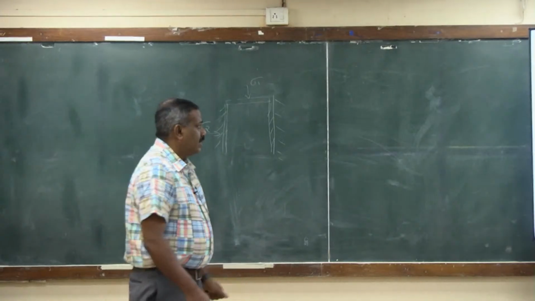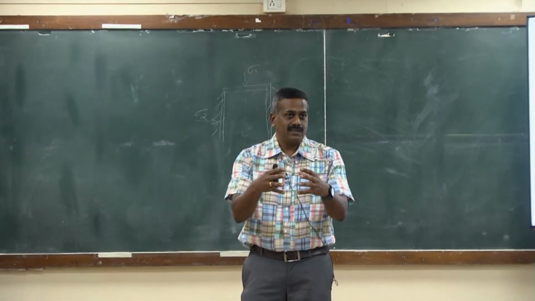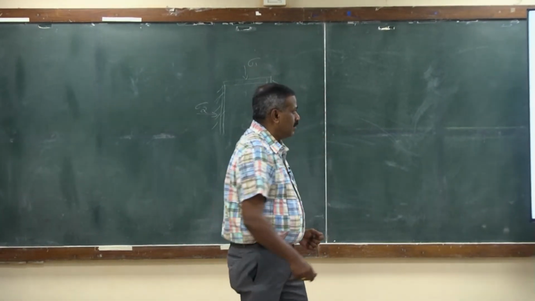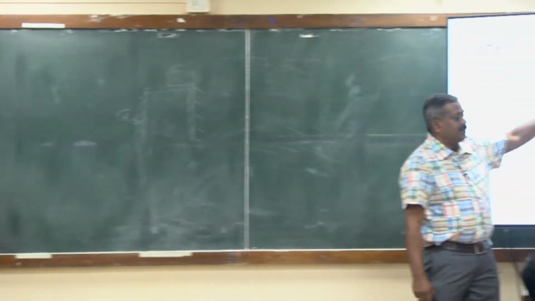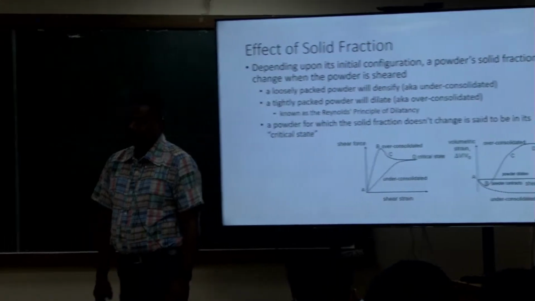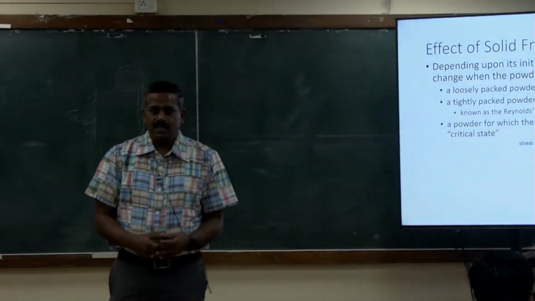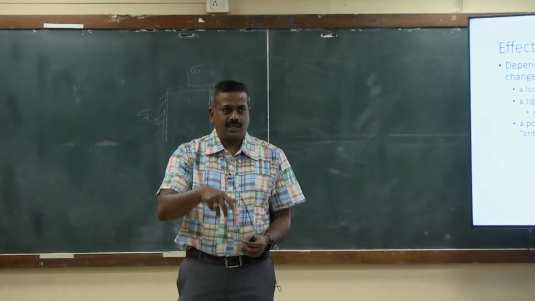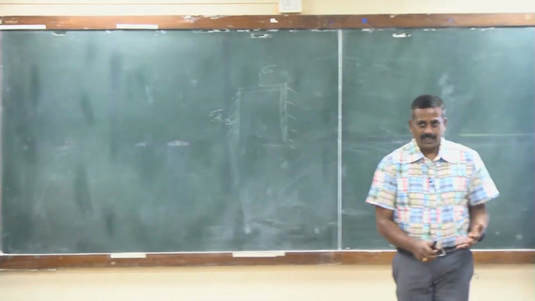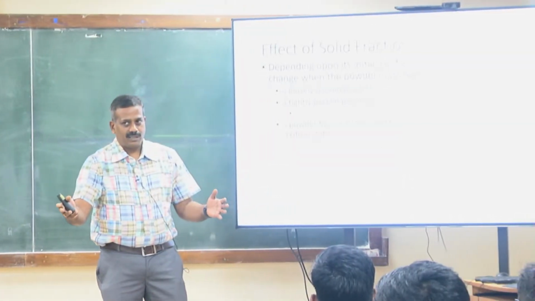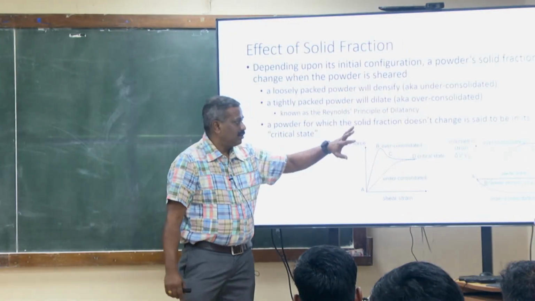Most times, if it's a loosely packed powder and you just put the sample in the shear cell and start shear testing, the powder might compact, and that might lead to wrong results. But for initial stresses, I'll talk about that in a minute.